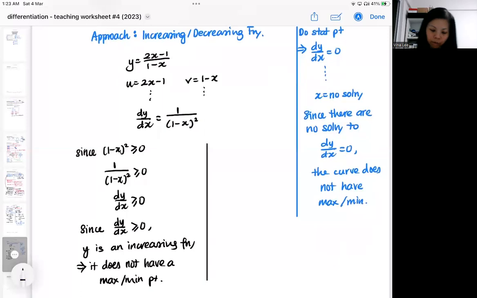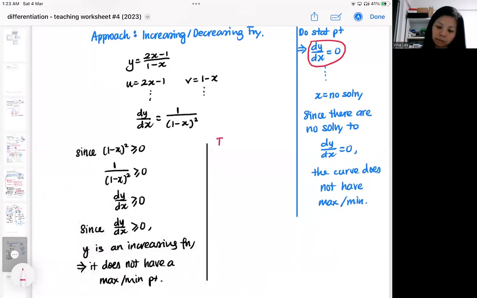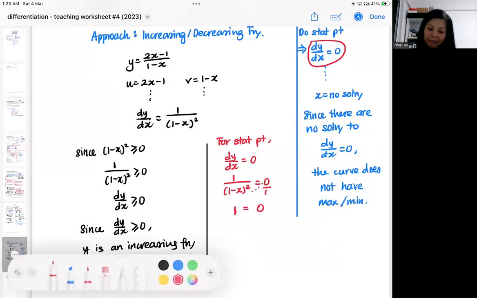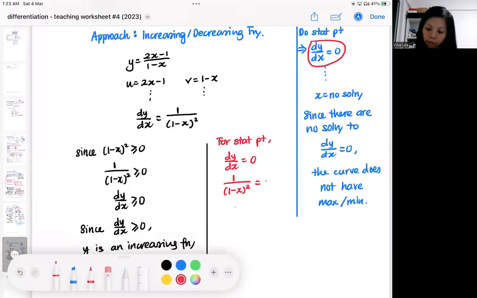The other approach: after I get my dy dx, I'm trying to get a stationary point. You find that if you try your cross multiplication, you actually end up with something like this. So it actually doesn't work. But do not show the 1 equal to 0. Please don't show the 1 equal to 0.